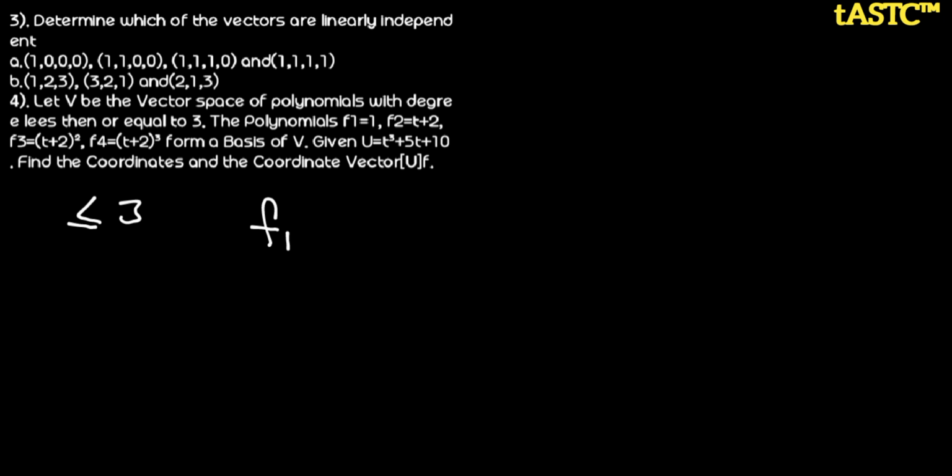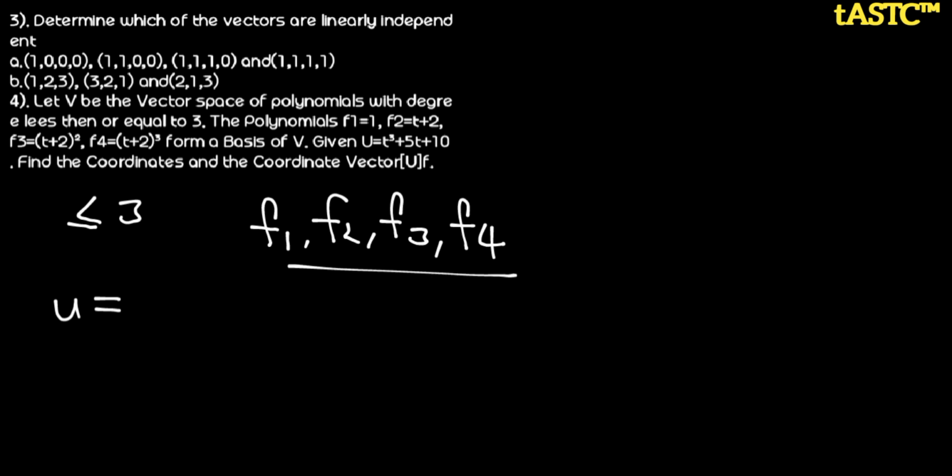So if these are polynomials, f1, f2, f3, and f4, and they form a basis, then there must exist a vector which is going to be a linear combination of these other ones. Now bear in mind, functions could also be vectors. So that will be kind of like a linearly independent form.